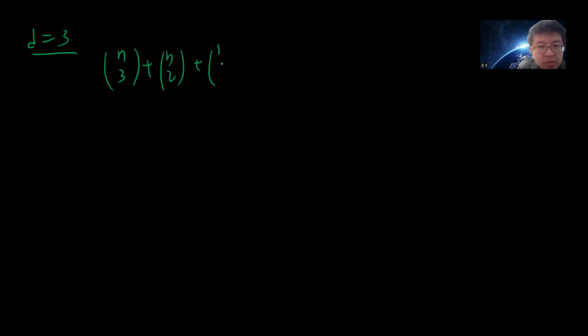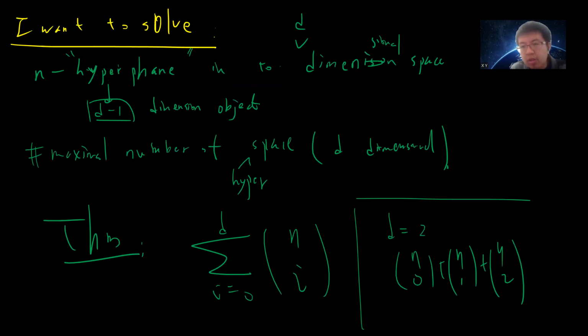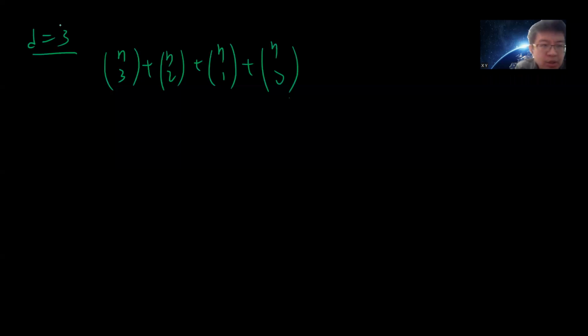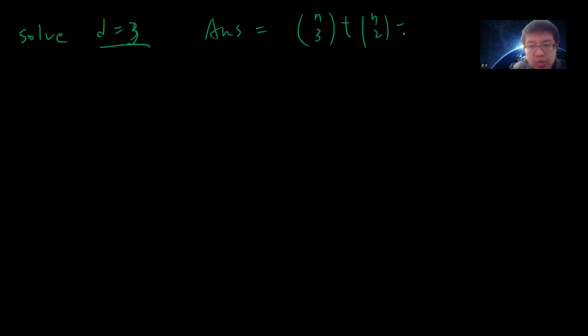And for d equals 3, that is n choose 3, n choose 2, n choose 1, n choose 0. In order to prove this, we need some basic idea. Let me just solve d equals 3 for convenience. So the answer is n choose 3, n choose 2, n choose 1, n choose 0.